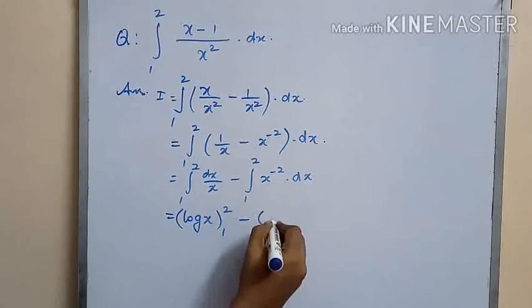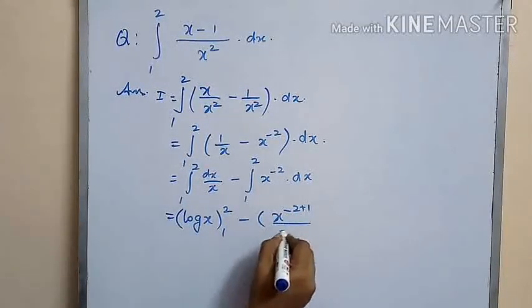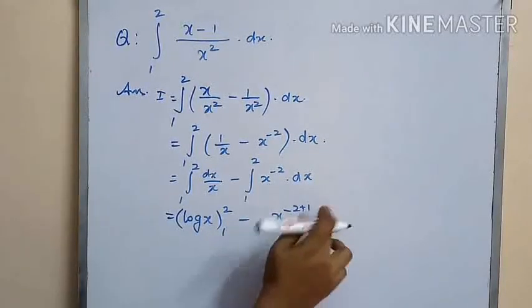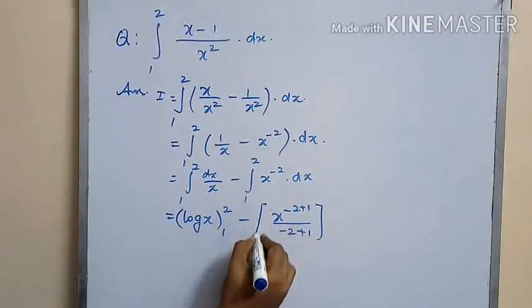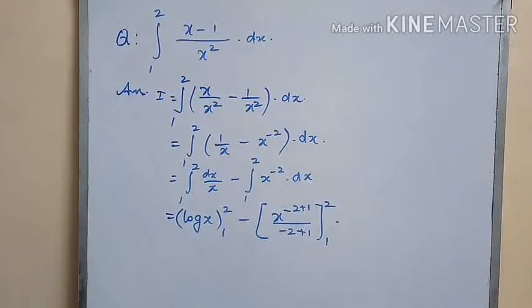Here we have two parts of integration. The first part is integrated as log x within the limits 1 to 2. Second part is x to the power of minus 2 plus 1 by minus 2 plus 1 within the limits 1 to 2.